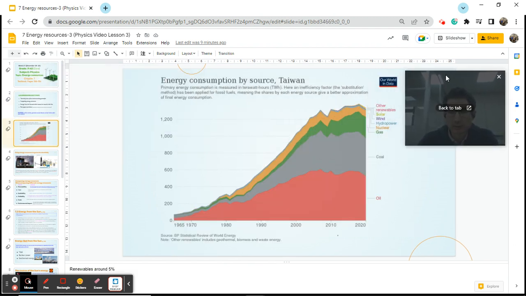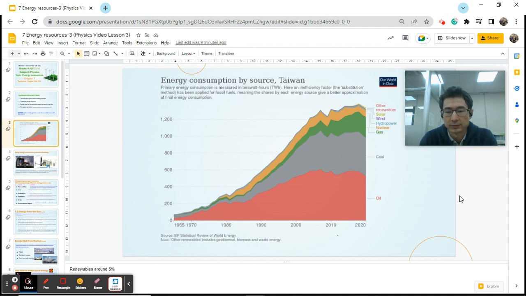As we talked about, most of the fuels used in power plants to make electricity are fossil fuels, aren't they? This is Taiwan.